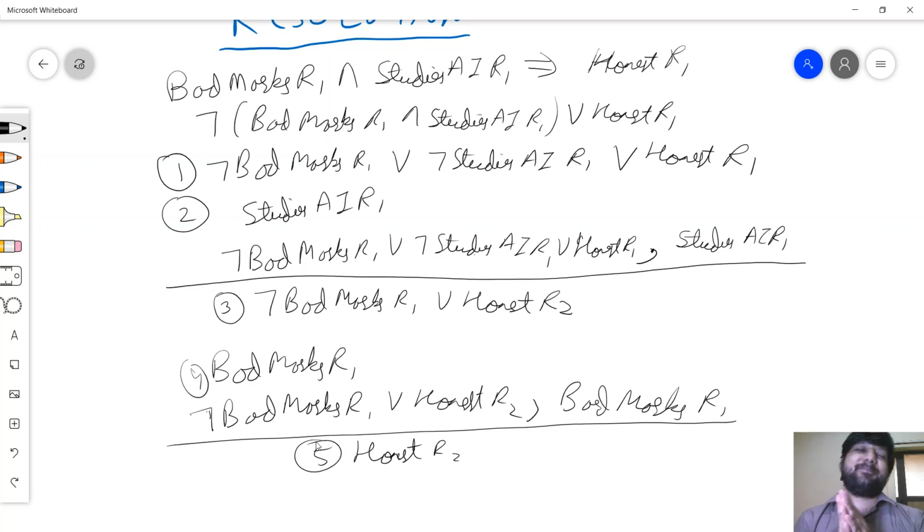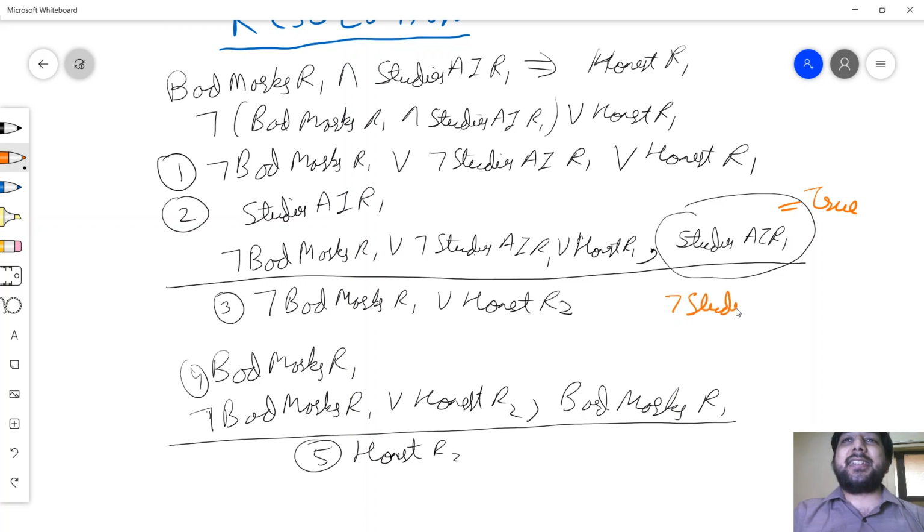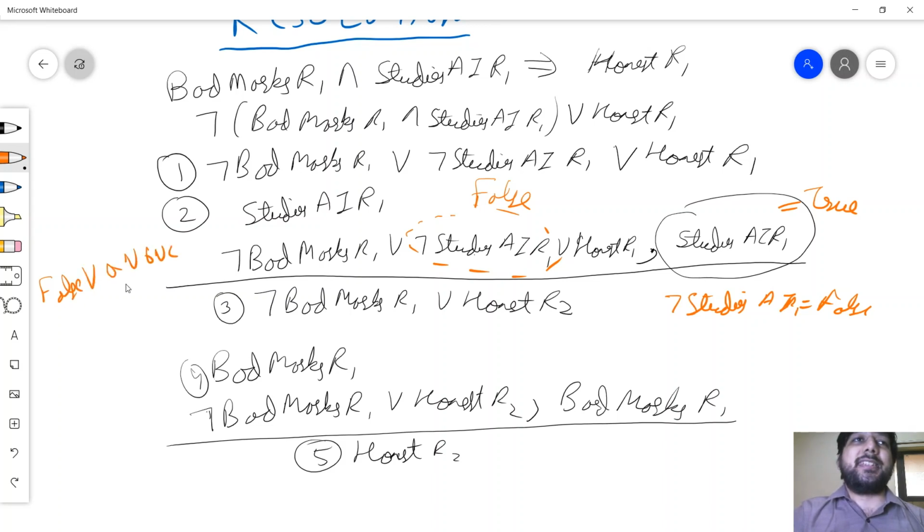Now if you are really into a proof, you really don't need that. I am given studies AI is equal to true. That means I am given not studies AI is equal to false, which means I am given that this thing is false, and I know false or A or B or C is nothing but A or B or C. In an or you can eliminate false, in an and you can eliminate true.